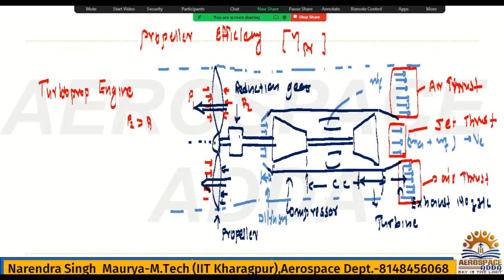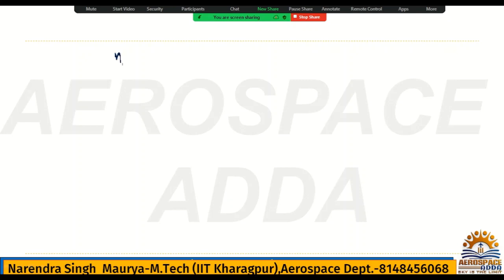Now if you write propeller efficiency here, because propeller efficiency for the turboprop is important now. You might have understood why it is important: I have explained that the whole thing depends on this propeller blade only. Till now they have not asked propeller efficiency, but sometimes if they ask, you need to answer it, or you should know the concept, because they are asking advantages and disadvantages based, theory questions.